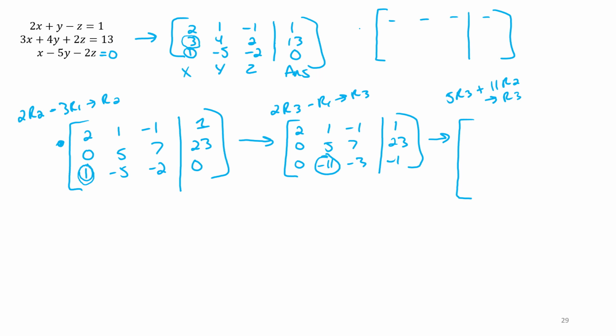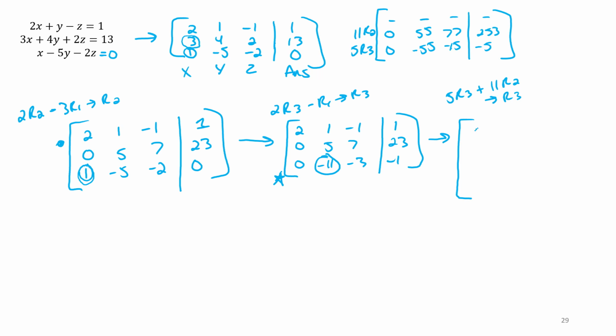If we look at this previous matrix, 5 times 0 is 0. 5 times negative 11 is negative 55. 5 times negative 3 is negative 15. And 5 times negative 1 is negative 5. 11 times 0 is 0. 11 times 5 is 55. 11 times 7 is 77. And 11 times 23 is 253.